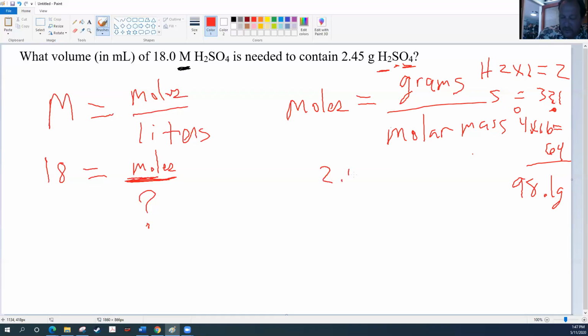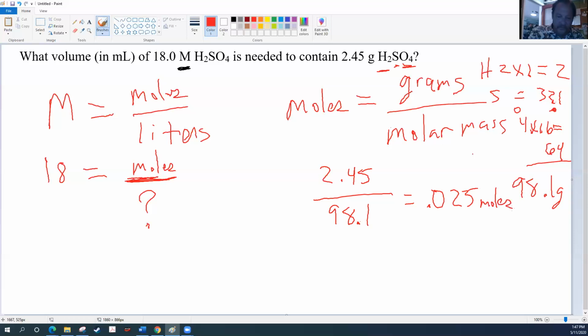So 2.45 divided by 98.1 equals 0.0, and I'm just going to round it up to 0.025. And that is going to be moles.